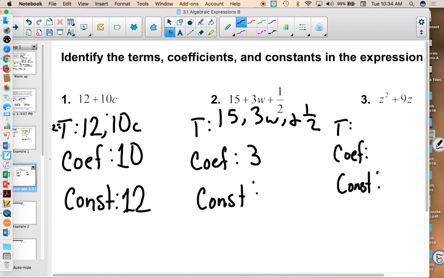She says the coefficient is 3. So what are the constants? Excellent. Do you agree? 15 and 1/2 are the constants. Yes. Nice job. Thumbs up.